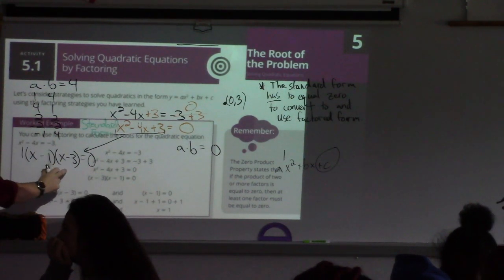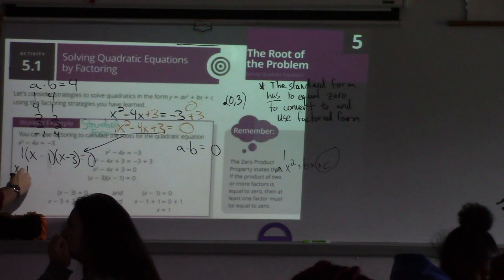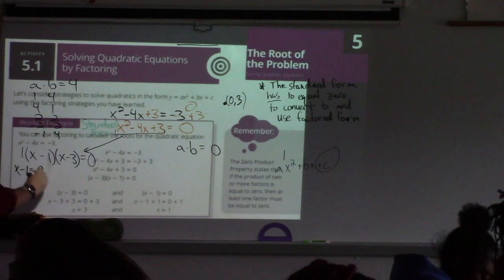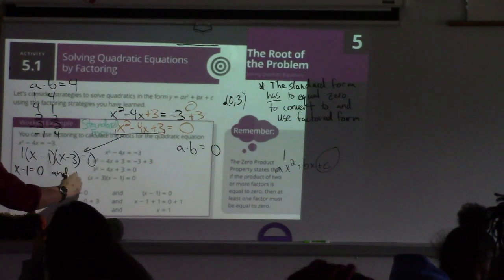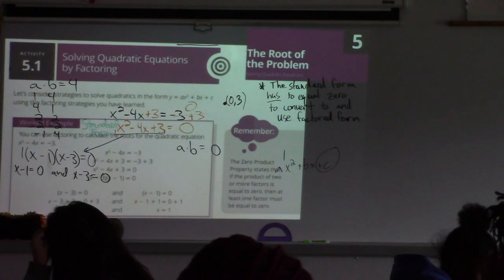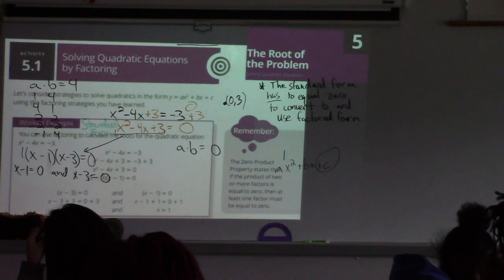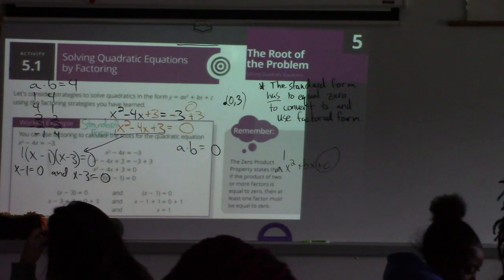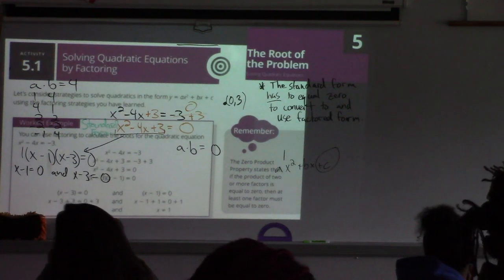Because if this thing is equal to 0, that means that x minus 1 is equal to 0, and we can say that x minus 3 is equal to 0. If we have factored form, we can set each factor equal to 0. I would write that down. So what do we need to write down?